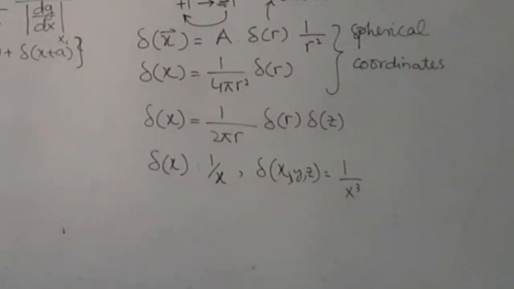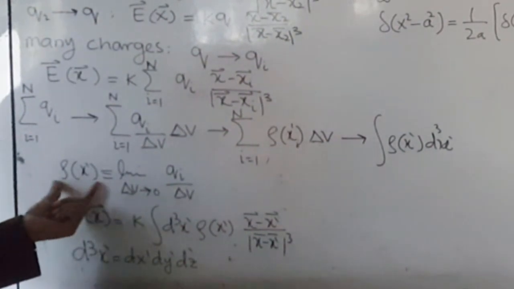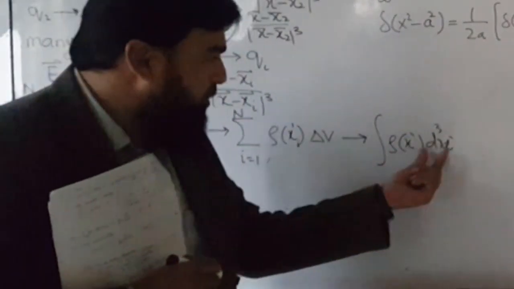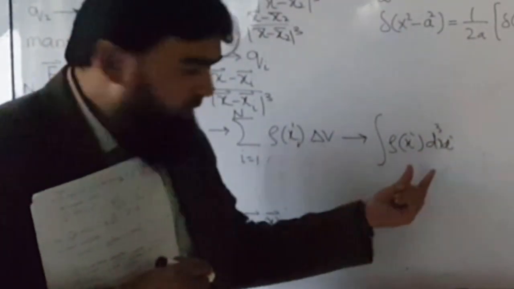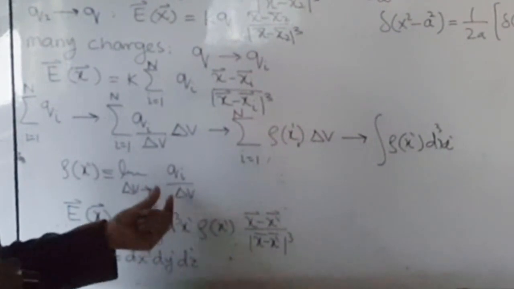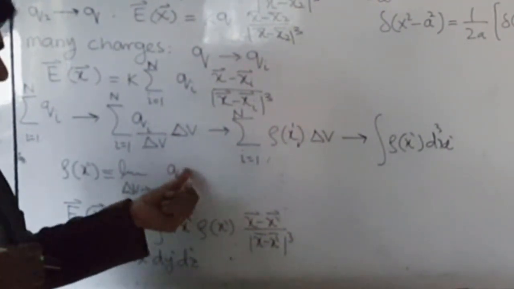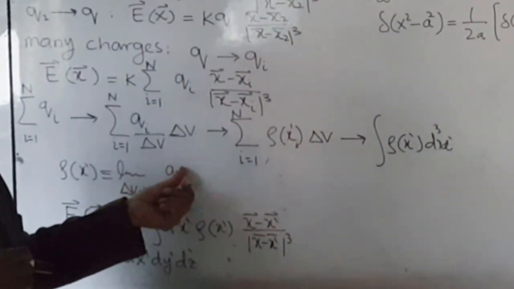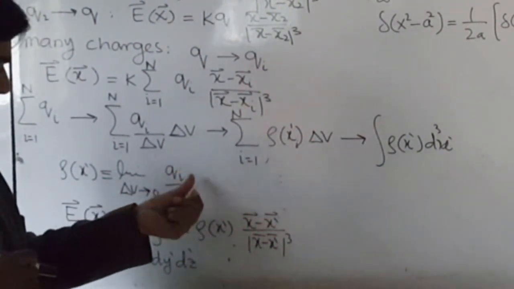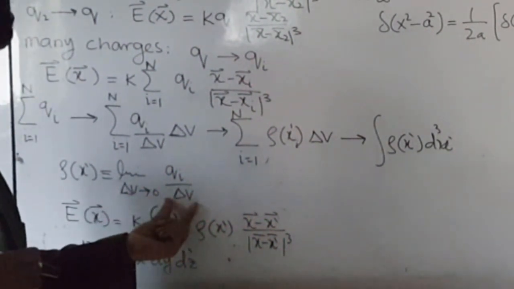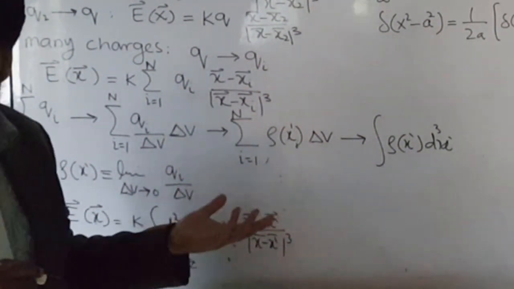Now I can write this thing, which is rho, and rho is actually equal to d cube x into rho. So if I multiply q here with 1 over delta v, then I will have charge density.